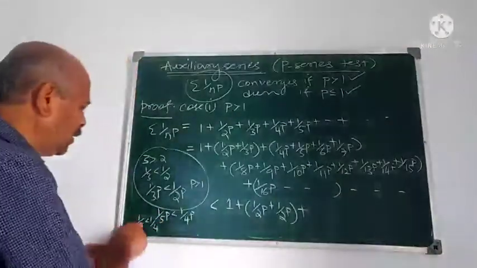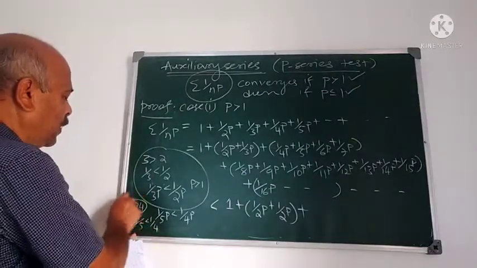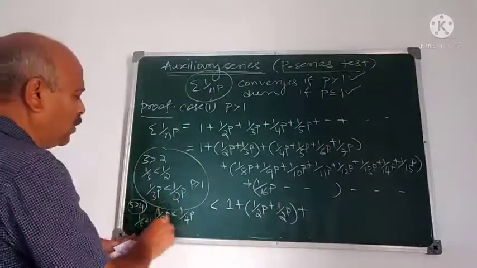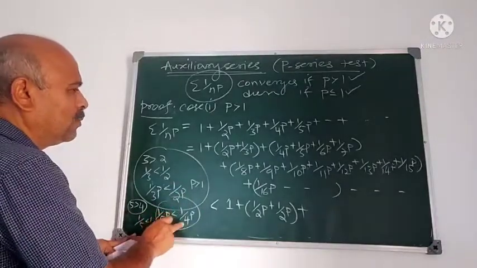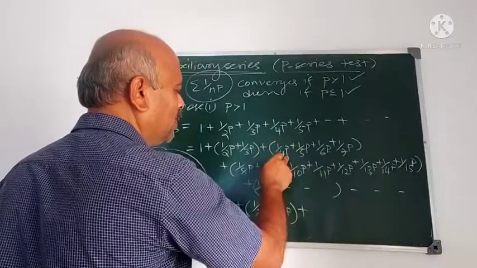Agree with this? 1 upon 5 is less than 1 upon 4 because 5 is greater than 4. 1 upon 5 raised to p is less than 1 upon 4 raised to p. Similarly, 1 upon 6 raised to p is also less than 1 upon 4 raised to p.